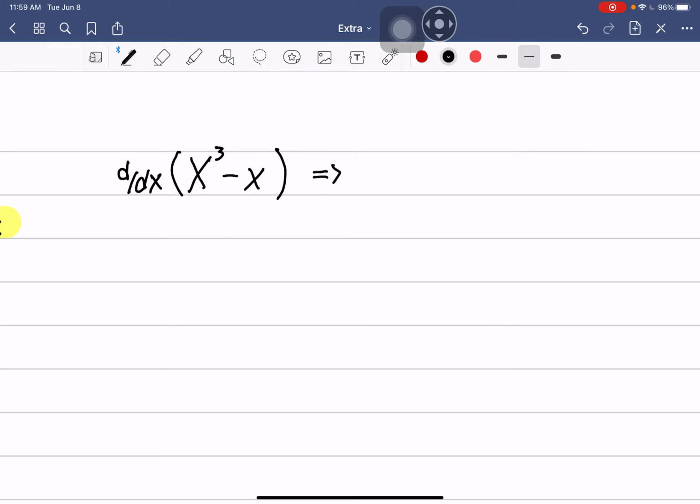So what we do is we do a thing called the power rule. And the power rule says that whenever we have x to the n, here, let me just give that.